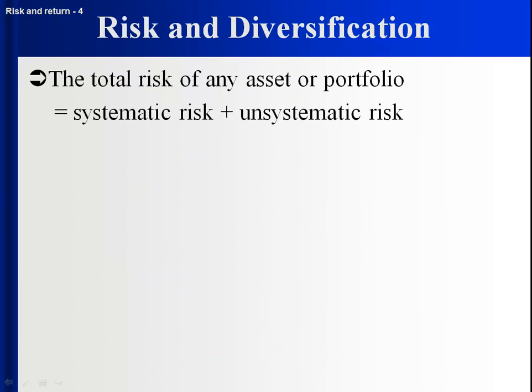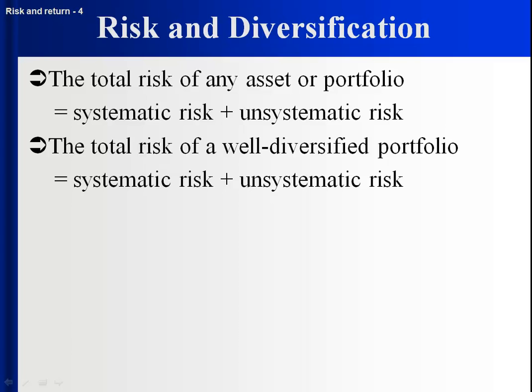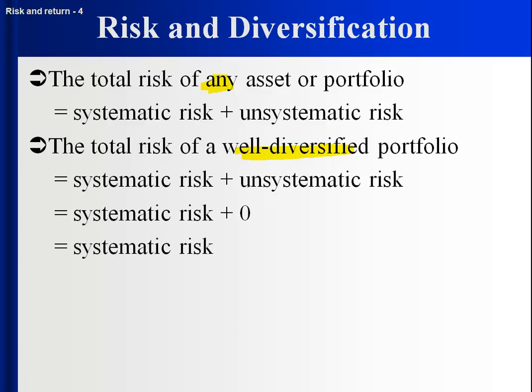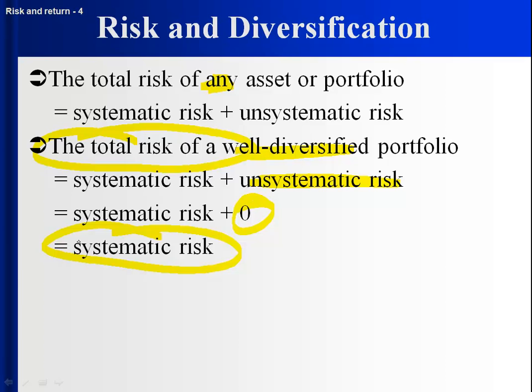So therefore, the total risk of any asset or portfolio is the sum of systematic and unsystematic risk. But for a well-diversified portfolio, it's the same because a well-diversified portfolio is any portfolio, just one particular kind. But as we've tried to establish, unsystematic risk is zero, so the total risk of a well-diversified portfolio is simply equal to its systematic risk.